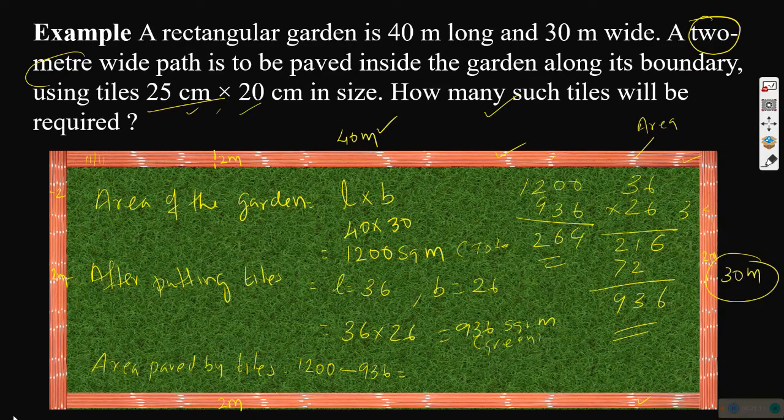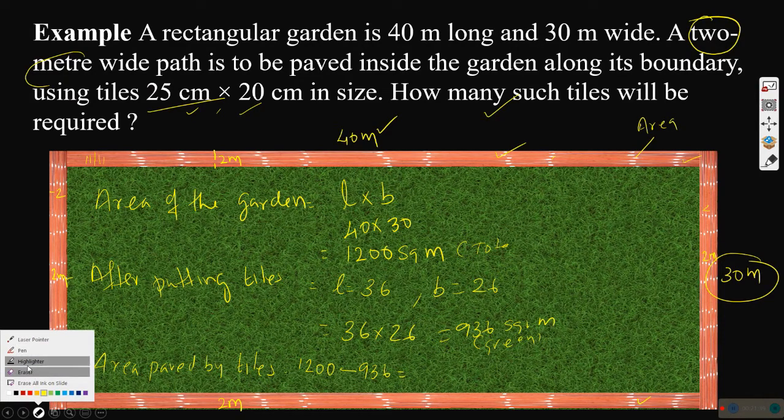Now we know the size of a tile from the given data. The size of a single tile is given as 25 centimeter into 20 centimeter. The length and breadth of it is given, but the peculiarity is that it is given in centimeter and the measurement of the garden is given in meters.